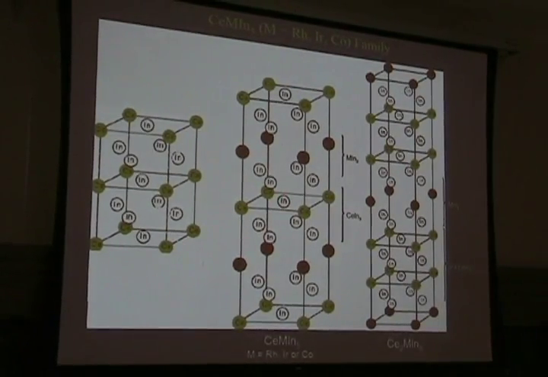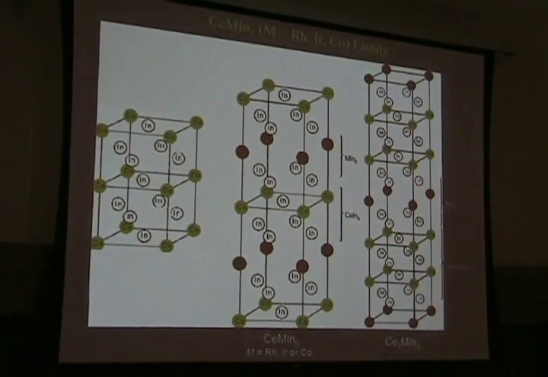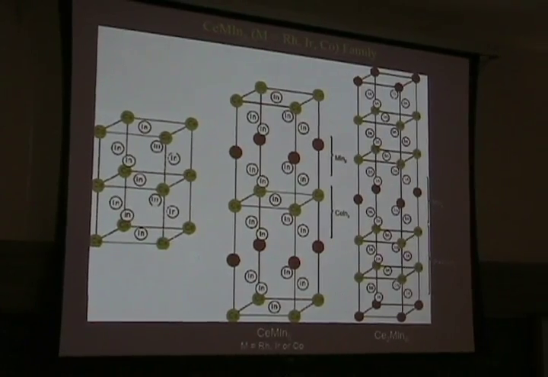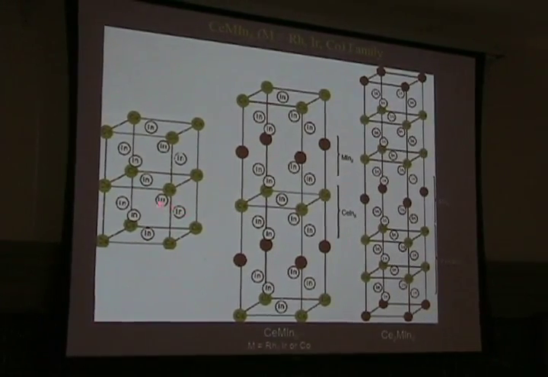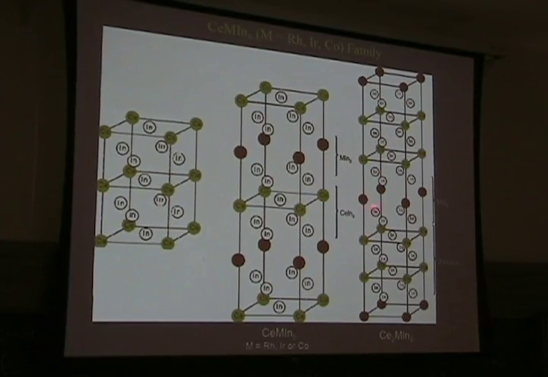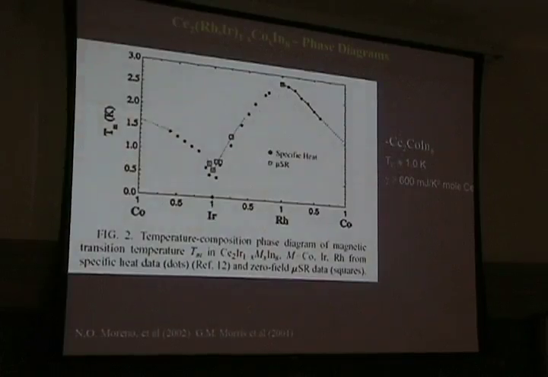So these are a more 2D-like version of the 115. In terms of dimensionality, one may think based on the structure that the 115 is more 2D, and the 218 is something in between the cubic compounds, the 3D, and the 2D material, which is the 115.